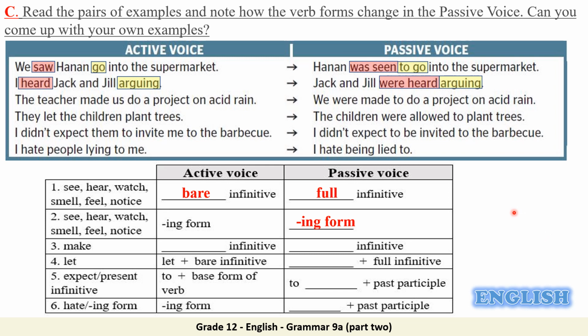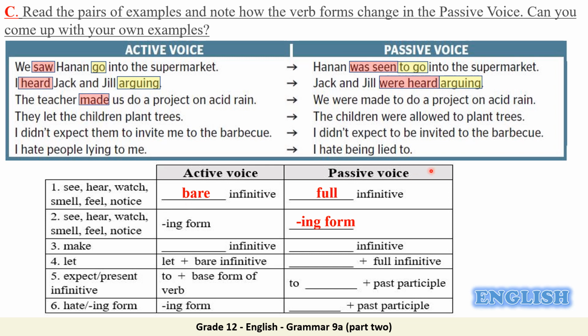Number 3. The teacher made us do a project on acid rain. If the verb make or made or is making or will make is there in the sentence, check. What is this? Do. The teacher made us do. Do is an infinitive, of course, a bare infinitive. What should we do? Don't worry yourself. Check. The teacher made us.